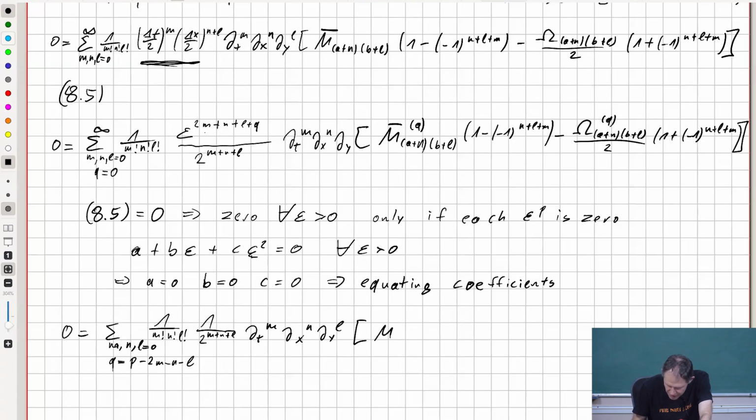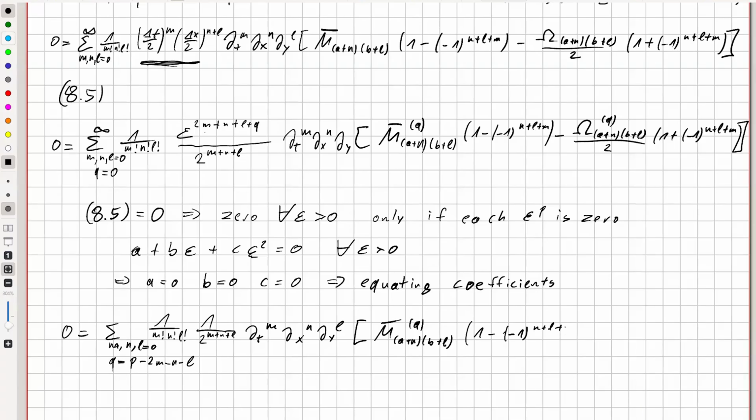And what is left here is m, a plus n, b plus l, over bar this to the order q, 1 minus 1 n plus l plus m, minus omega a plus n, b plus l, divided by 2, 1 plus minus 1 n plus l plus m, and closing all the brackets.